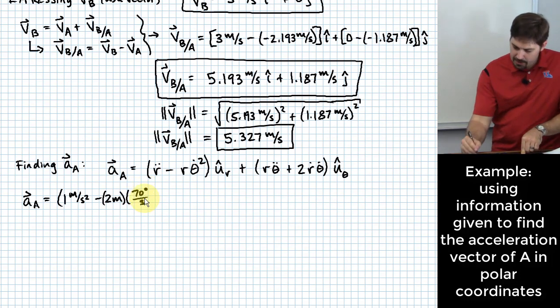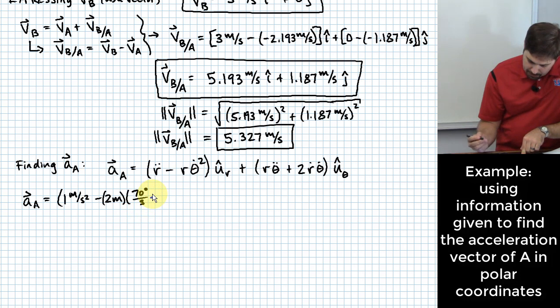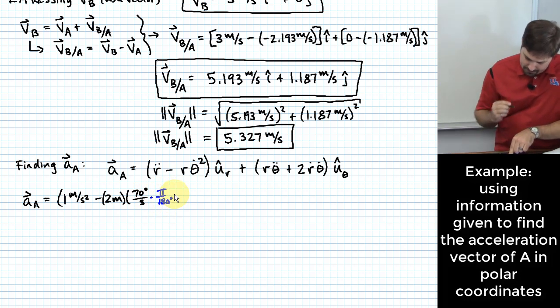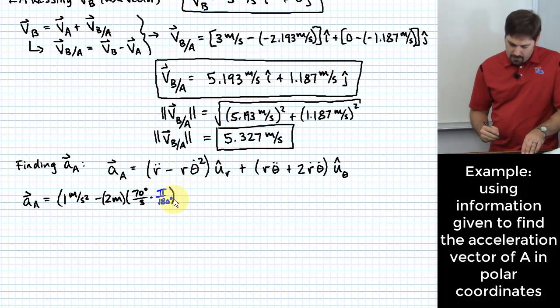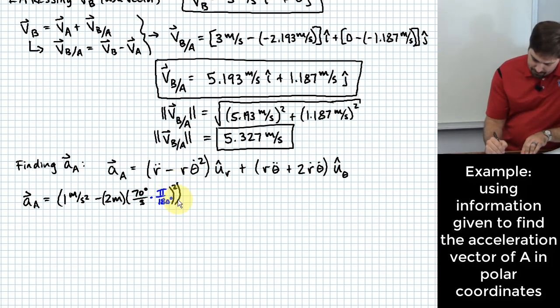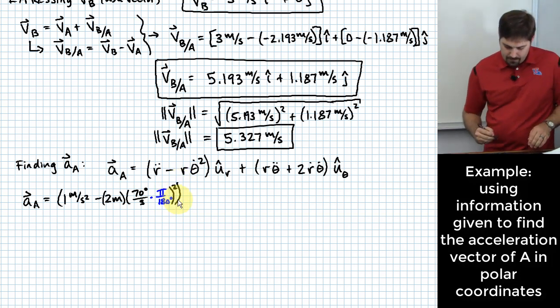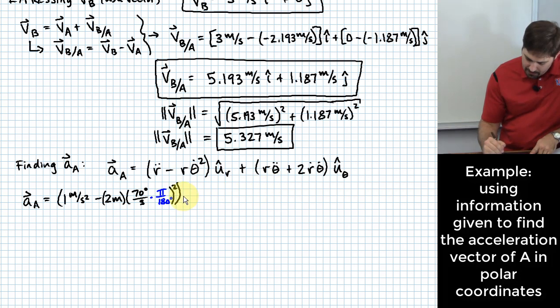We would multiply this by pi over 180 degrees, and then that needs to be squared. All right, and all this would be in the radial direction.